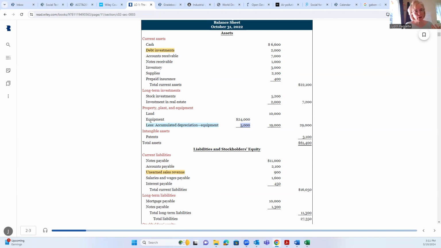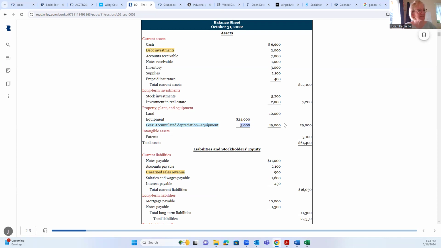I'm not real picky on it for my exams, but typically if you had a building account and accumulated depreciation building, you'd list the 2 of them together.